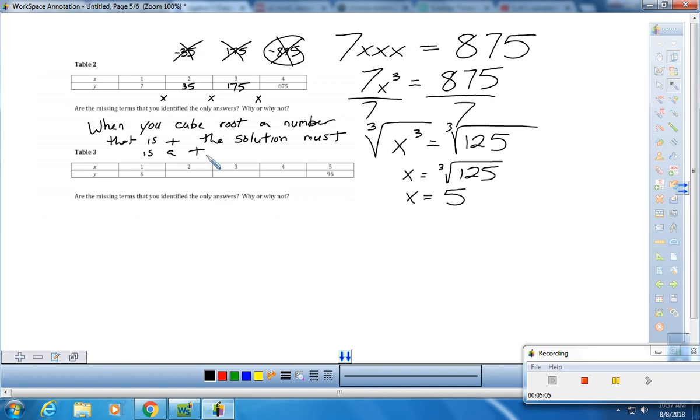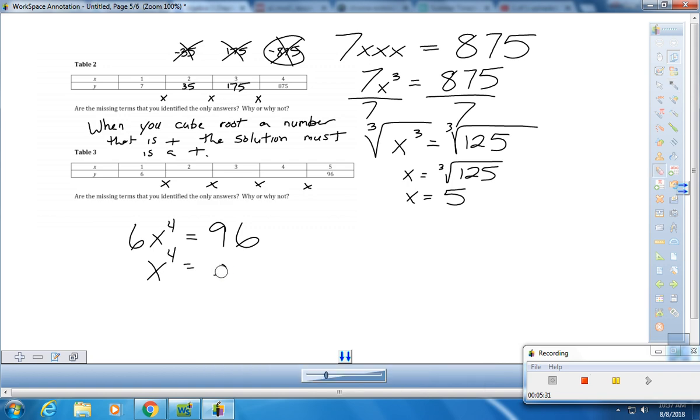All right, so let's do one more. X times x times x times x. That's 4 x's. There's 3 spaces. That makes sense. 6x to the 4th is 96. X to the 4th is, let's see, what's 96 divided by 6? 16, excuse me. Okay? How do you get rid of x to the 4th?